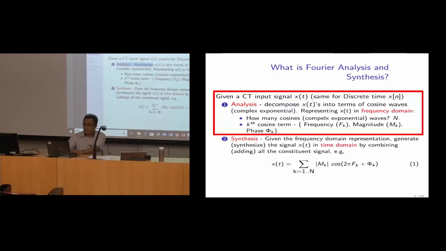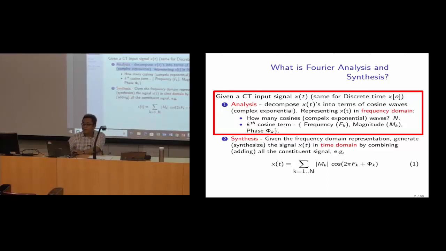The word analysis here is to decompose the original signal x of t into cosine waves. That's it. To analyze a signal using Fourier means to decompose the original signal x of t into cosine waves. Later on, you'll realize that cosine waves can also be represented as complex exponentials, and therefore, whether we break it into cosine waves or complex exponentials or even sine waves, it is actually all the same.